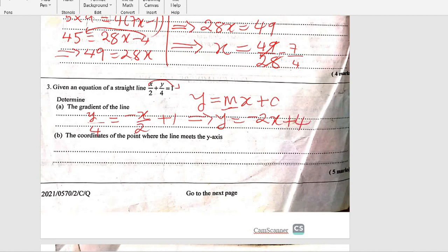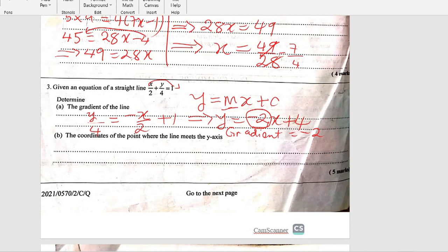Making y the subject means the coefficient of y is 1. This coefficient of x gives us the gradient of that line. So our gradient is negative 2.